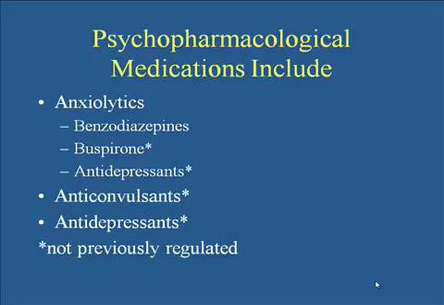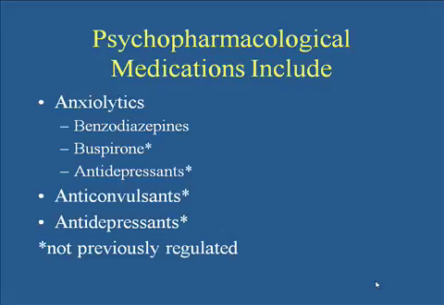So this slide is kind of important to understand, because if you look at it, we have three fairly broad categories. We have anxiolytics, we have anticonvulsants, and we have antidepressants. And certainly there's a lot of overlap between these, and it makes for some very, very confusing slides coming up, and I apologize for that.